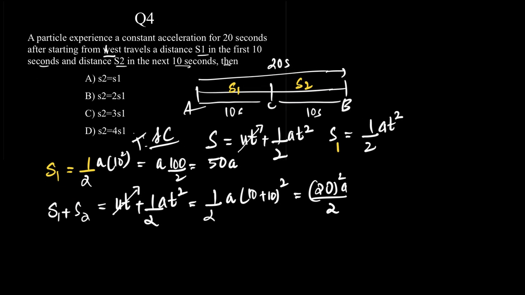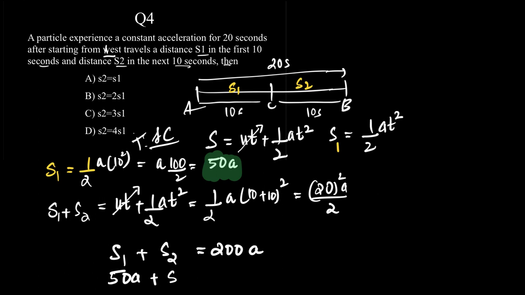Let me write down this equation once again. We have s1 plus s2 is equal to 20 square is 400, 400 by 2 is 200, so we have 200a. Now what is s1? s1 is 50a. So we have 50a plus s2 is equal to 200a, which means s2 is equal to 200 minus 50, which is 150a.